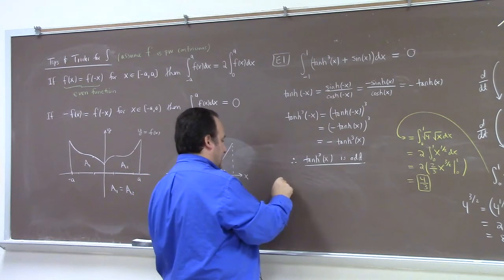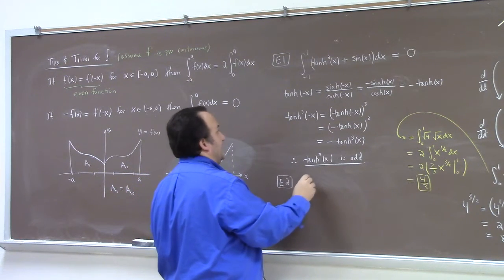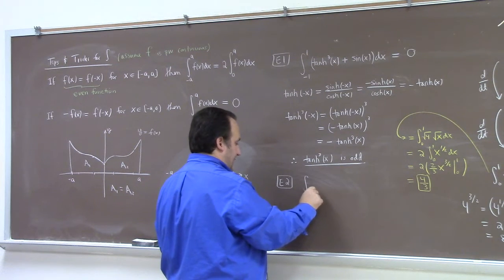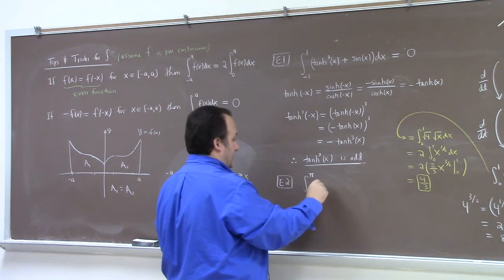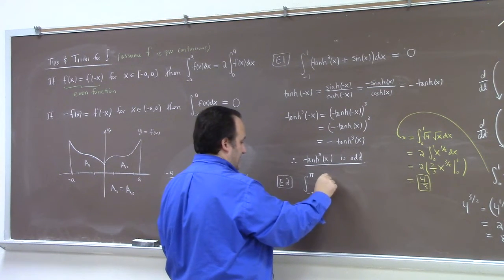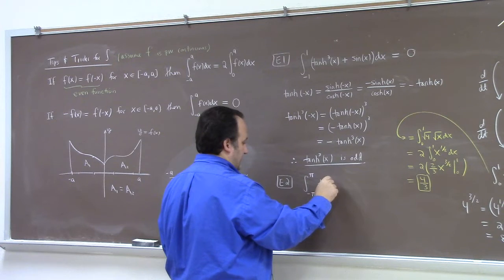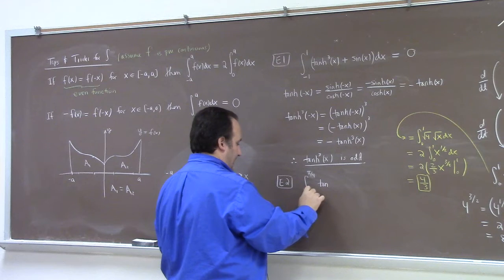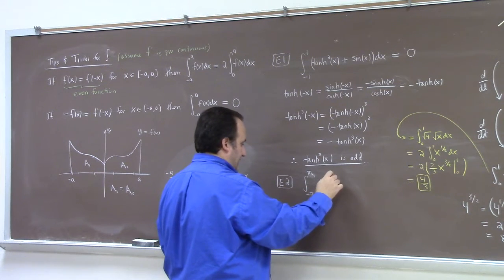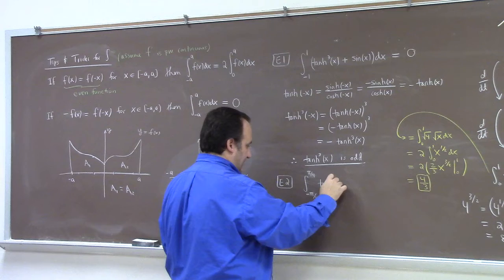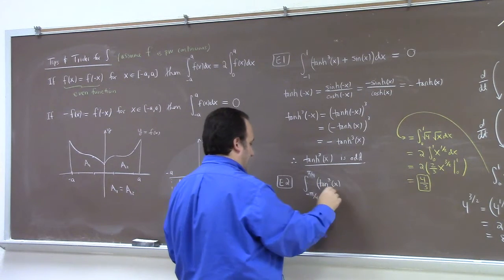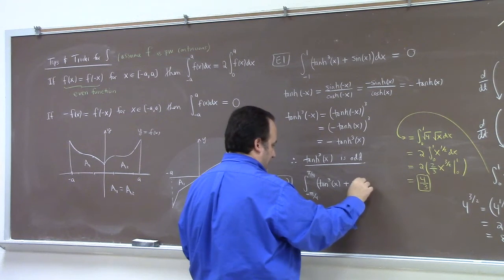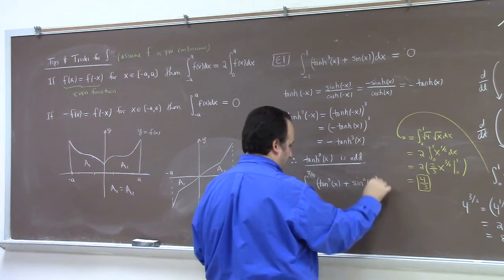And you can do kind of plays on this, like the integral from pi over 4 to minus pi over 4 of tangent cubed of x plus, let's say, sine squared of x dx.